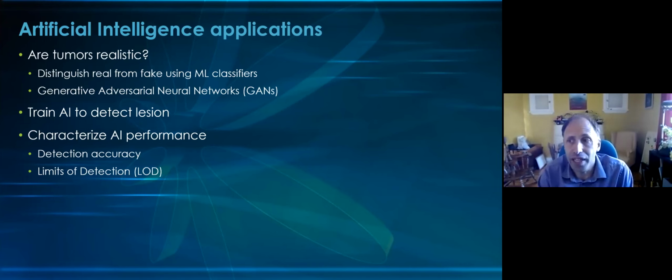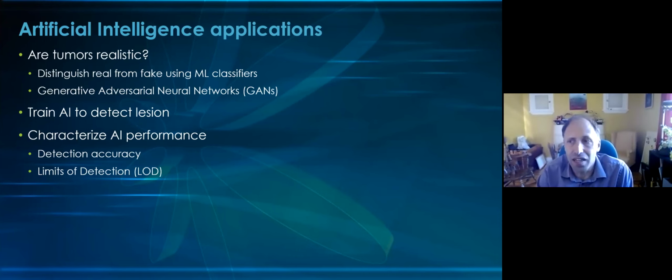We want to train AI to detect lesions. So for that, we need data, and this could be a way to generate data. But again, a more convincing way to do this is if in advance we demonstrate that these lesions can be made to be realistic, right? Because we don't want to train an AI just to detect synthetic lesions. We want to train the AI to detect real lesions.